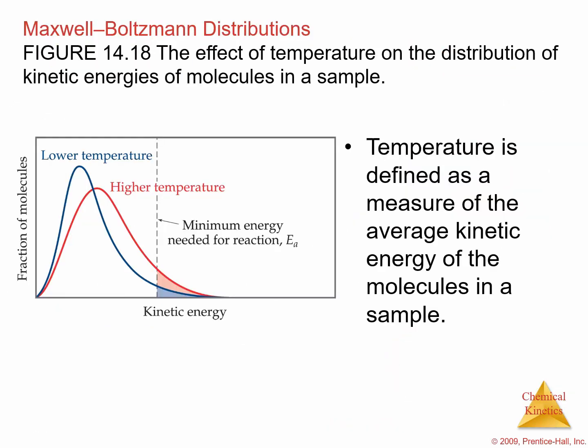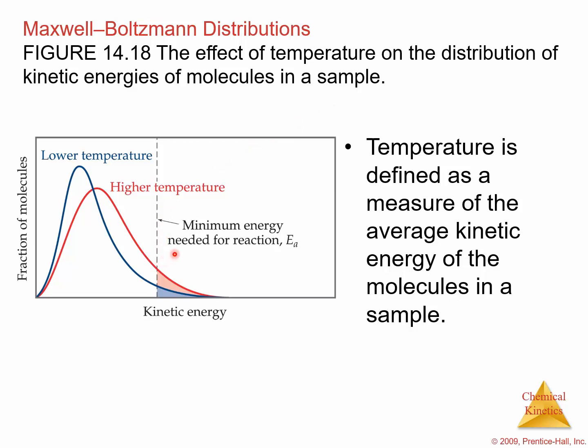Now we come to the so-called Maxwell-Boltzmann distributions. This figure shows us the effect of temperature on the distribution of kinetic energies of molecules in a sample. Notice here in this figure we show the distribution of kinetic energy of molecules in a sample for two temperatures.